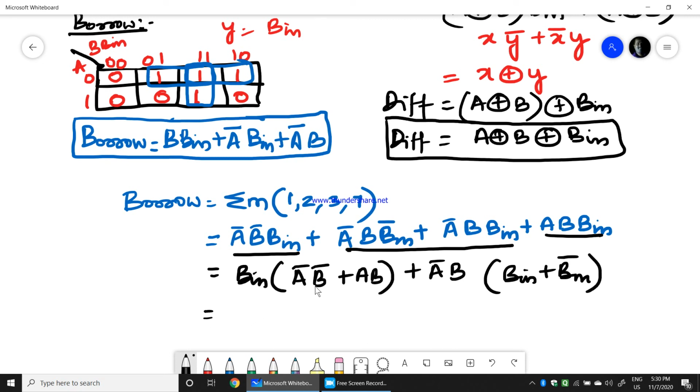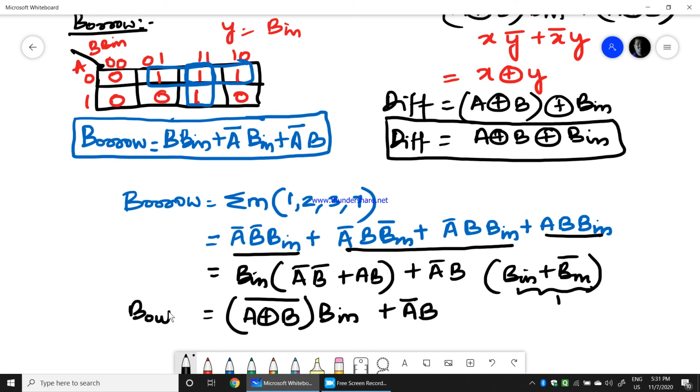We know A bar B bar plus AB is XNOR, which can be written as A XOR B the whole bar, multiplied by B in, plus B in plus B in bar, which is equal to 1, so A bar B. This is the expression for B out, borrow.